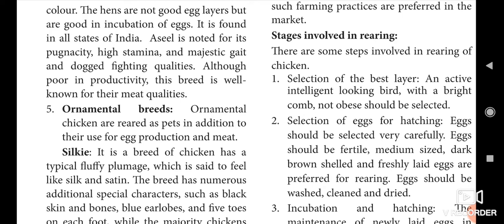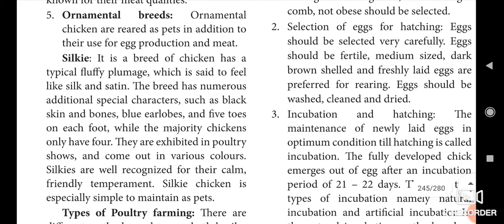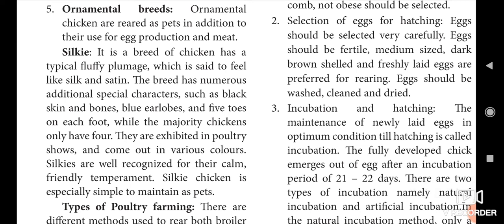The breed has numerous special characters such as black skin and bones, blue earlobes and 5 toes on each foot. While the majority of chickens only have 4 toes, the Silky has 5 toes. They are exhibited in poultry shows and come in various colors.